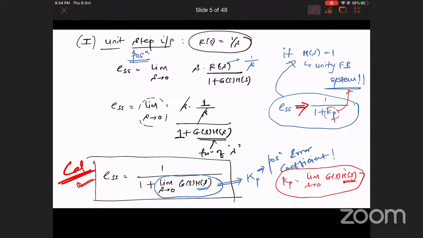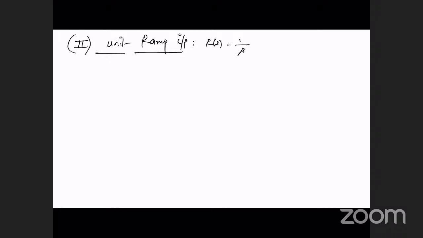Okay, so I'm going for the next input, called the unit ramp input. For the unit ramp input, I'm sure you remember, R of s equal to 1 upon s squared.